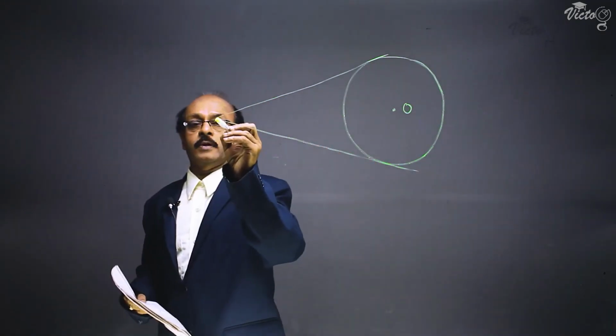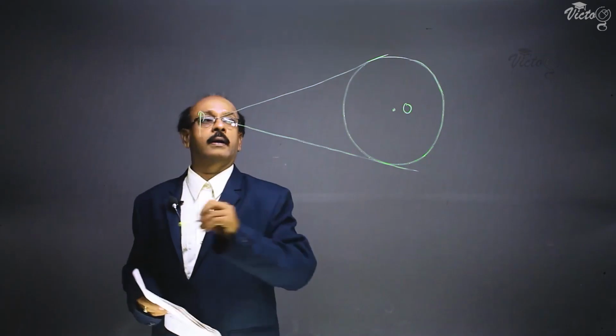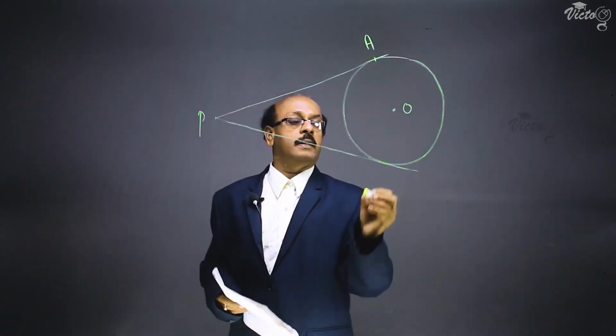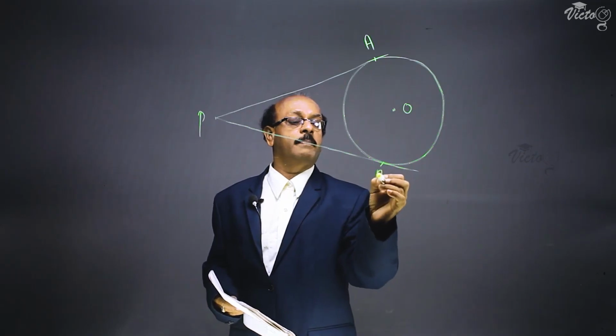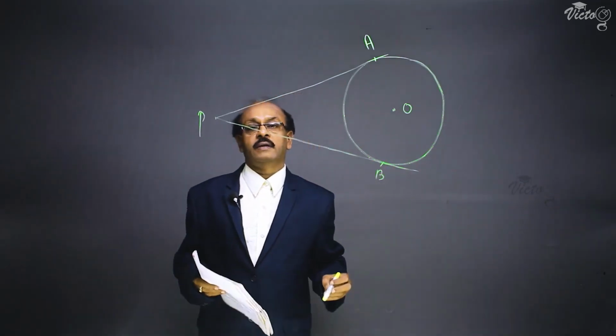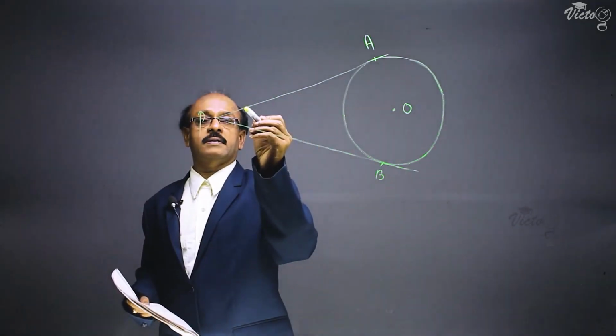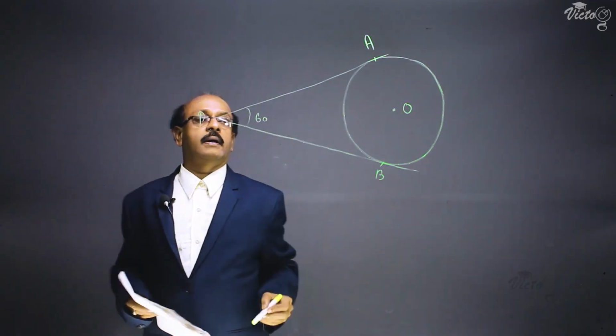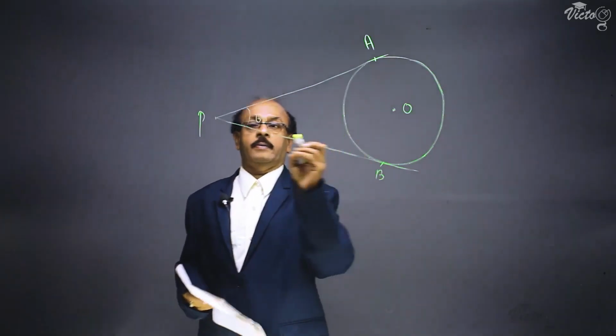This is the point P. And mark the points of contact. Here it is A, and the point of contact here is B. The angle between these two tangents is given as 60 degrees. The total angle is 60 degrees. And join OP.